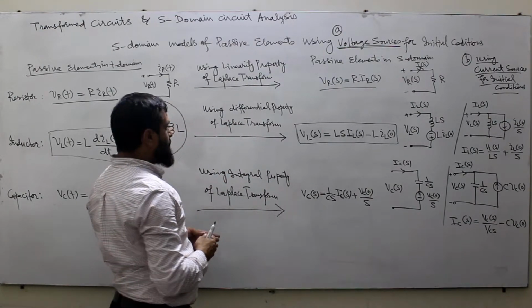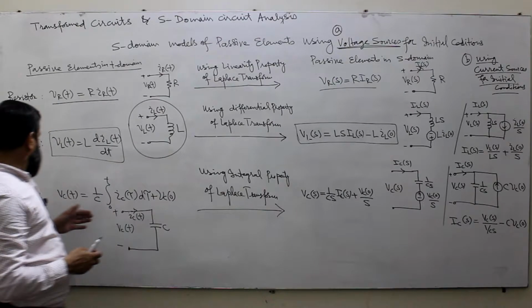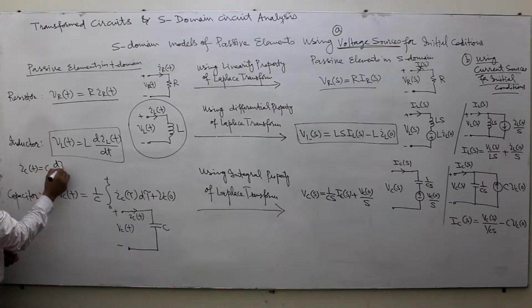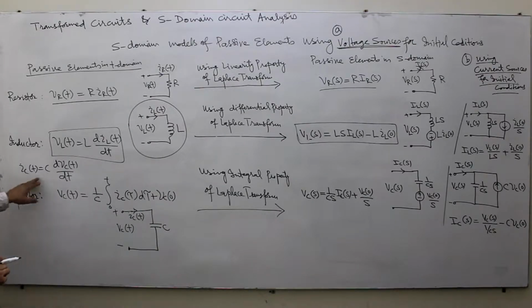We can similarly find this for the capacitor. For the capacitor, we know that IC of t is equal to C into dVc of t over dt. So from this one we find the Vc.